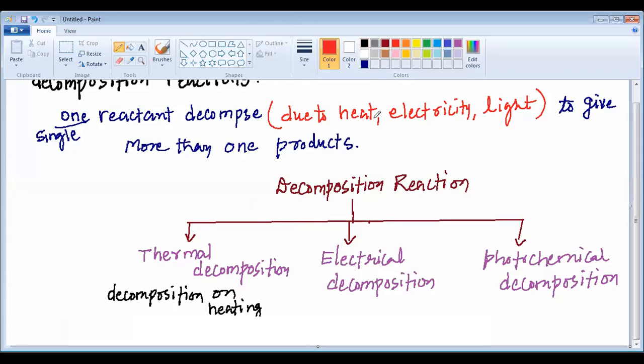Electrical decomposition is due to the passing of electricity.